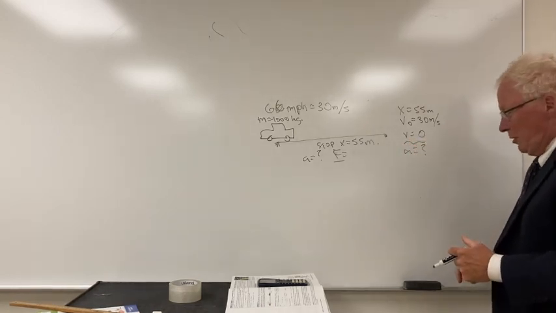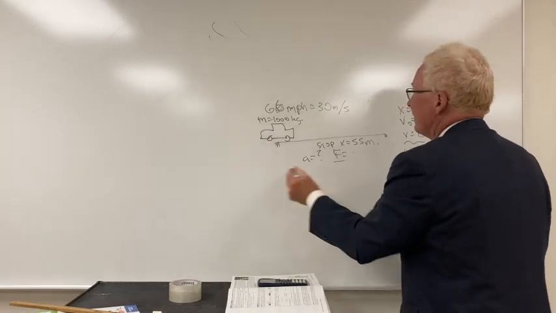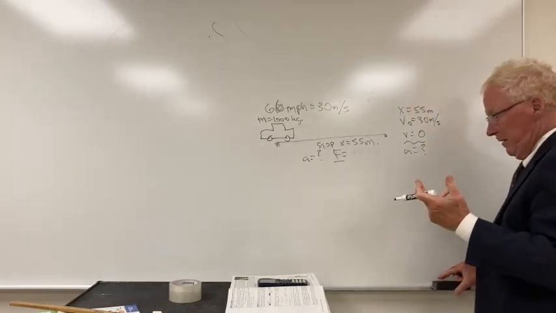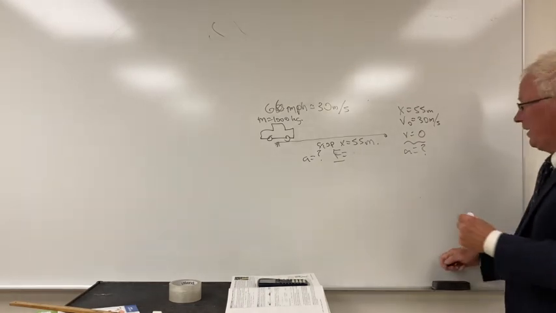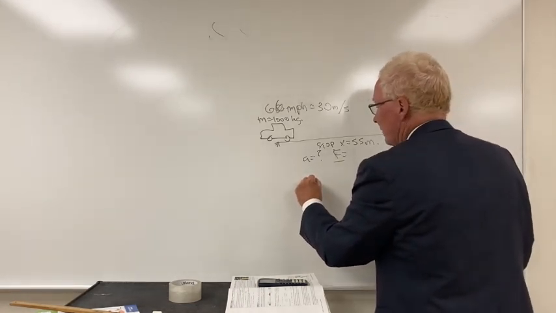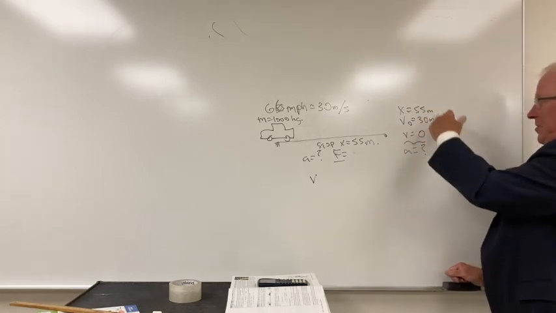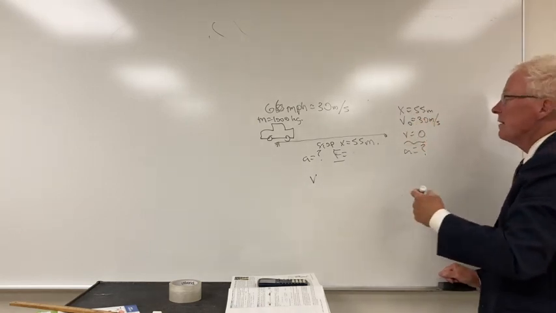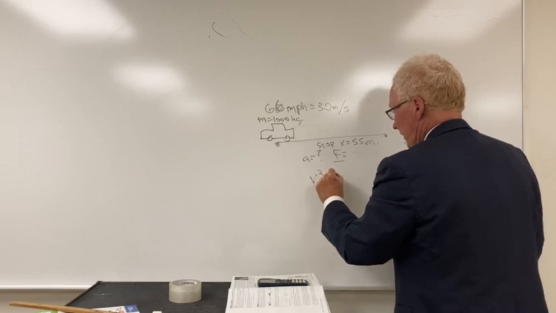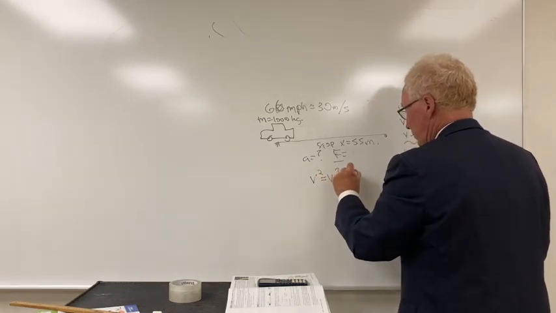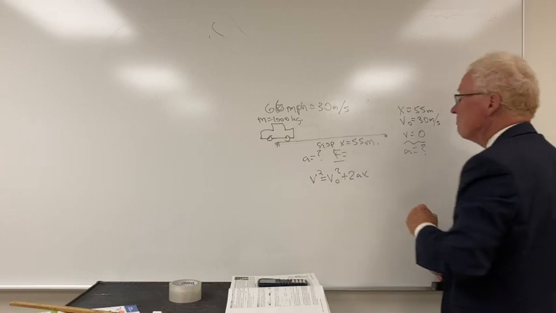In that case, we go back to our expressions from chapter 2. And we'd use the expression that has no time involved here. So it'd be V squared is V naught squared plus 2AX.